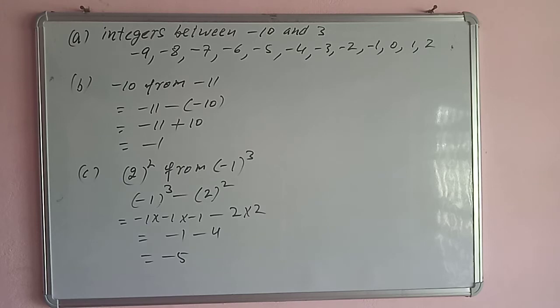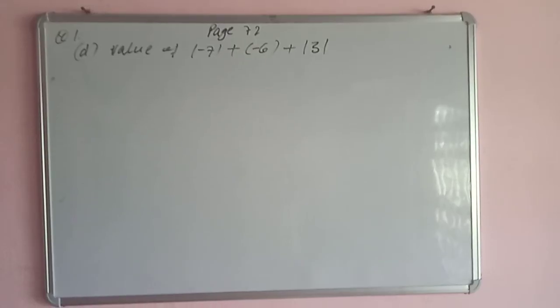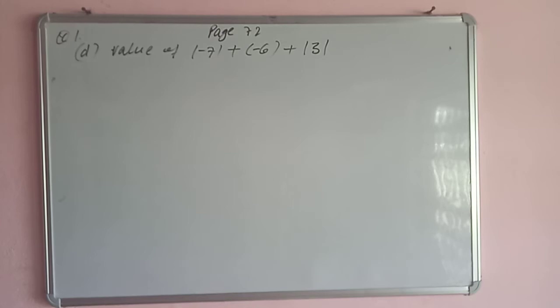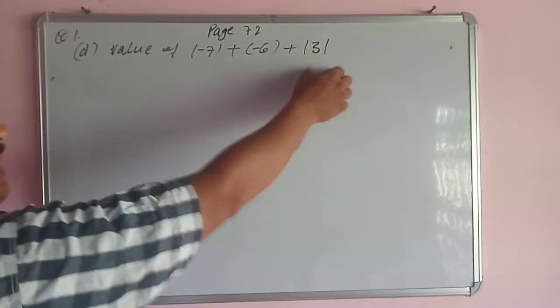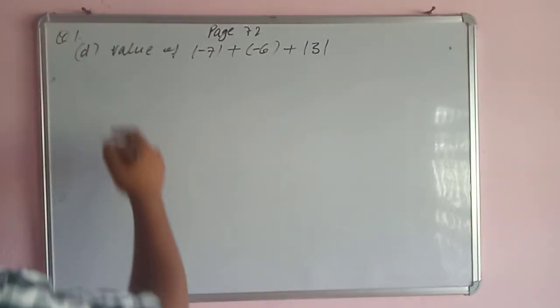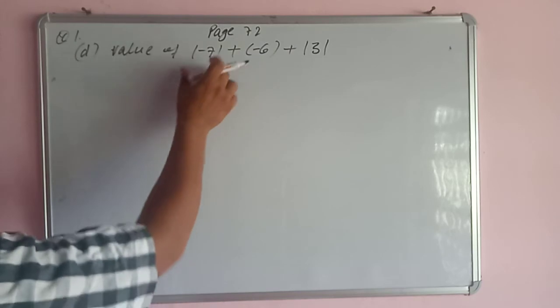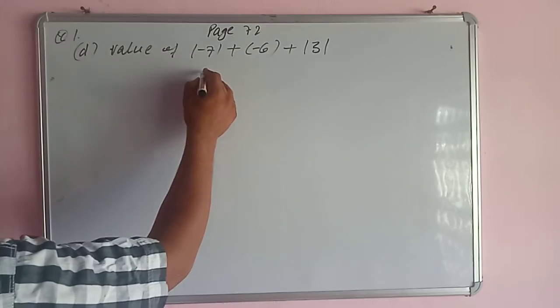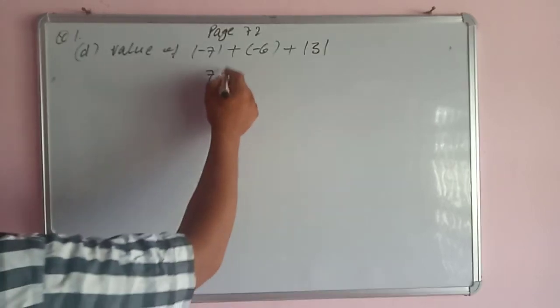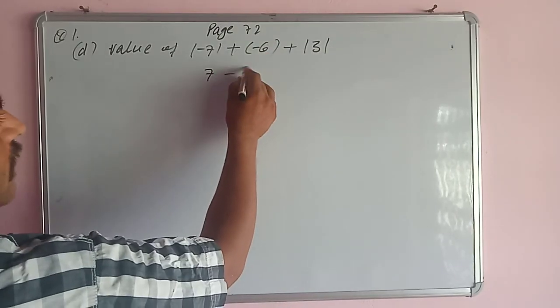And next, here we have part D. In this part, find the value of the absolute value of -7 plus -6 plus the absolute value of 3. So how will we solve? The absolute value of -7 is 7, plus into minus, it is -6.